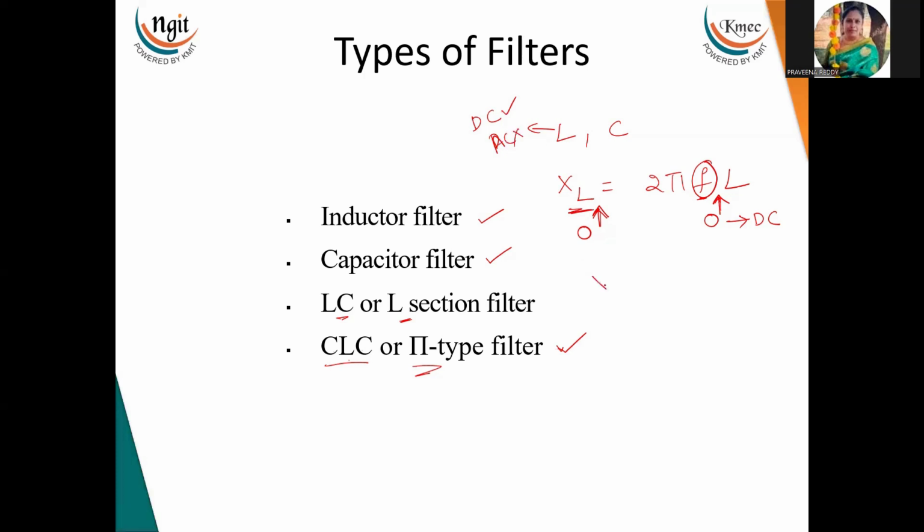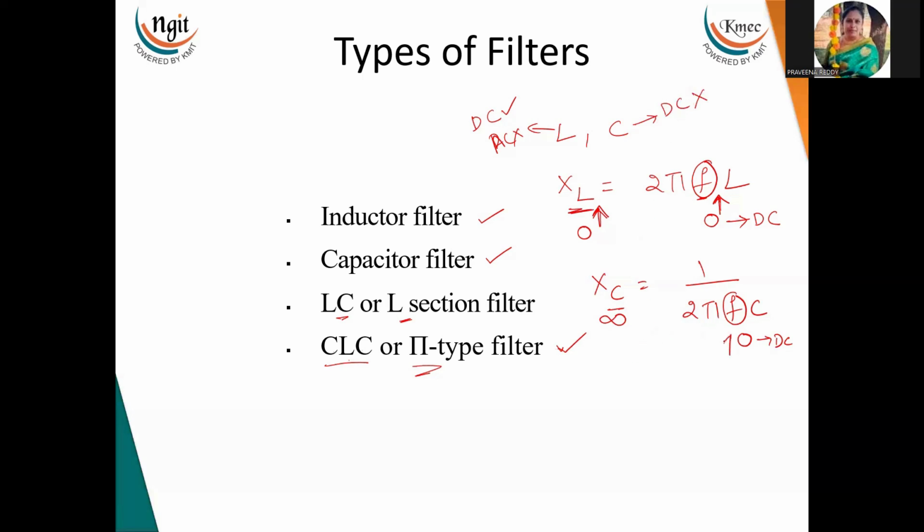Now the capacitive reactance XC is equal to 1 divided by 2 pi FC. The capacitive reactance is inversely proportional to the frequency. If the frequency is 0, it offers infinite resistance. Zero frequency is DC, so the capacitor blocks the DC component.